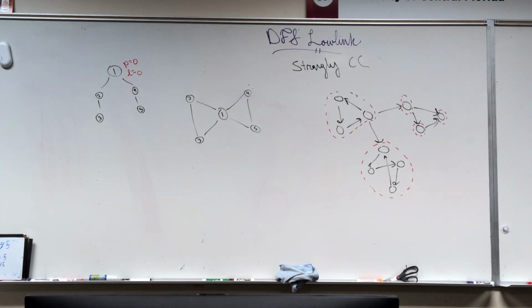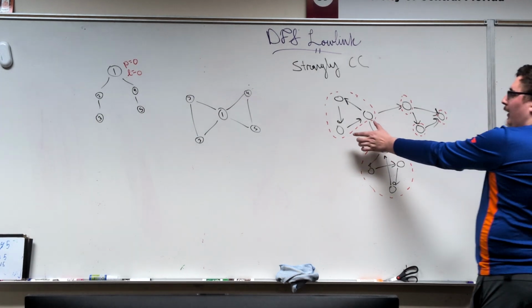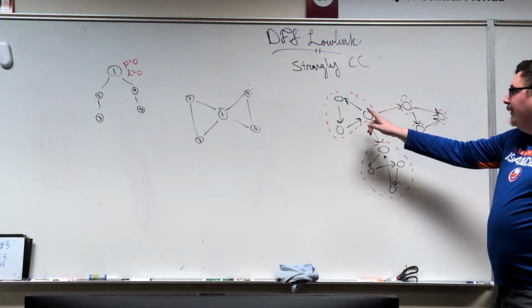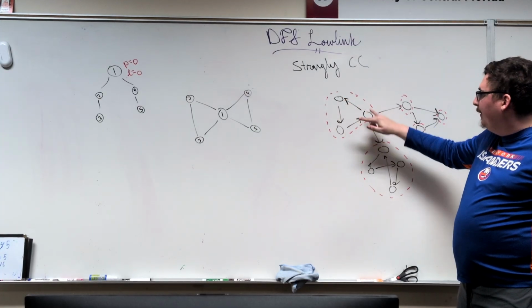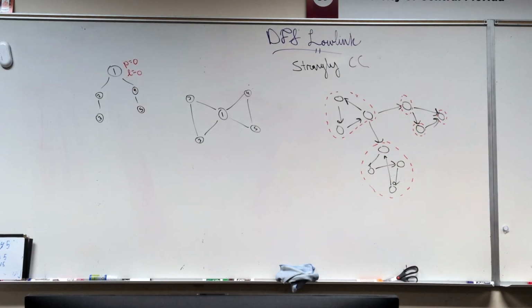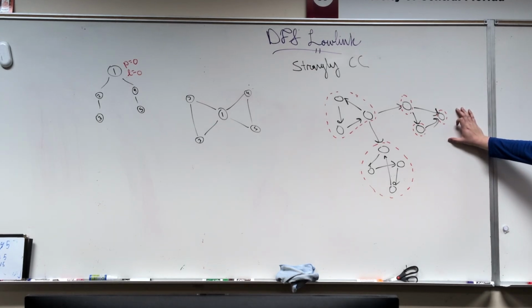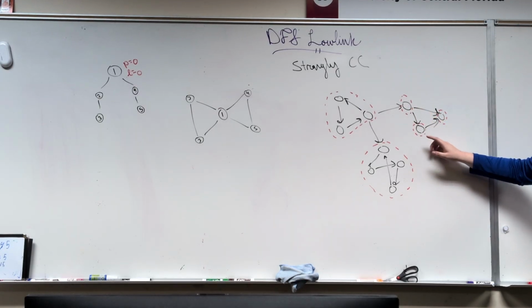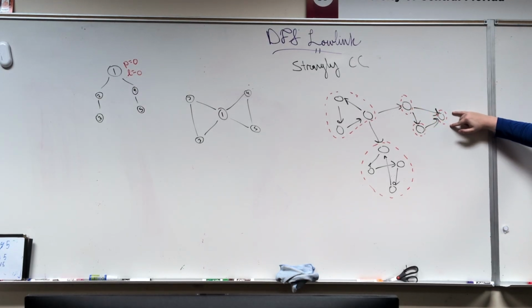So if we look at these examples here, let's take a look at the top left example. Every pair of nodes here, there is always a path from both U to V and V to U. So that means that component must be a strongly connected component. But if we look over here in this section, this node here can't reach either of these two. So this node by itself is a strongly connected component, but it has no other nodes in its component.